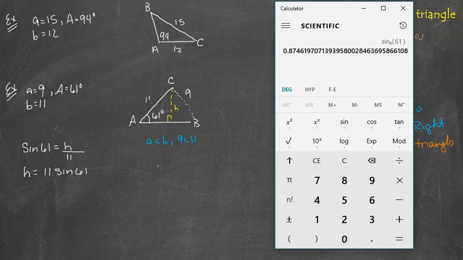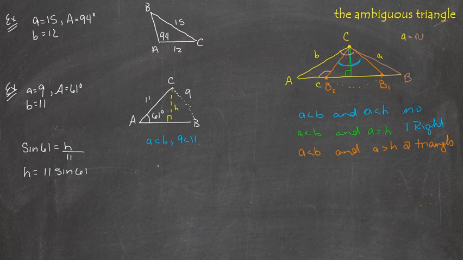The sine of 61 times 11, 9.621. So I see that side A is less than H, and so there is definitely no solution or no triangle.